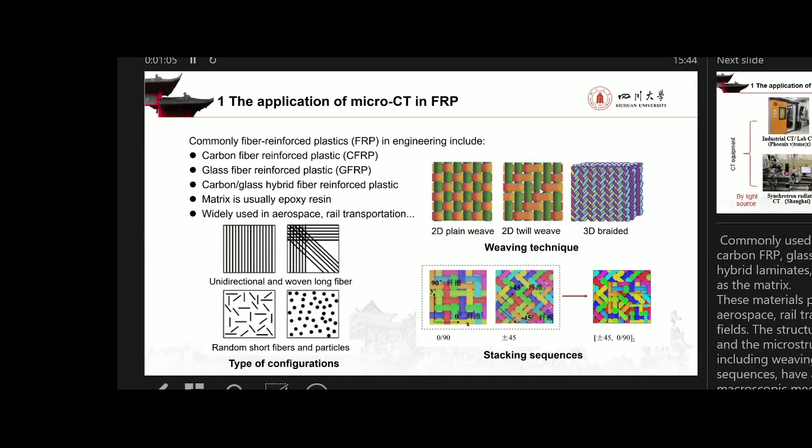The matrix is usually epoxy resin, widely used in aerospace and rail transit. The weaving type and the configuration types significantly affect the mechanical properties.